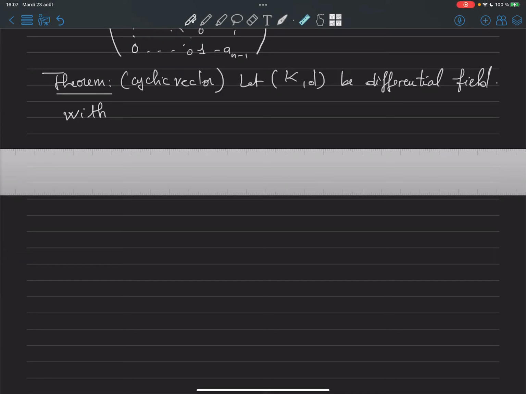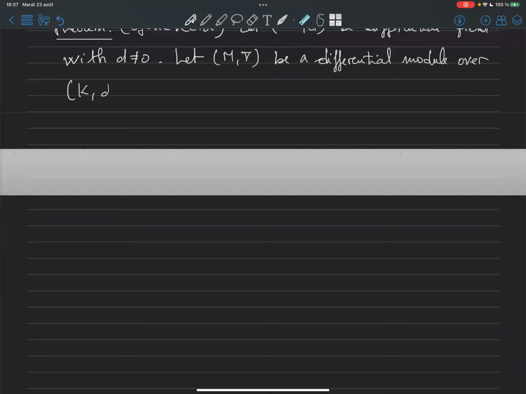It has to be different from zero. And let M nabla be a differential module. Then there exists a cyclic vector.